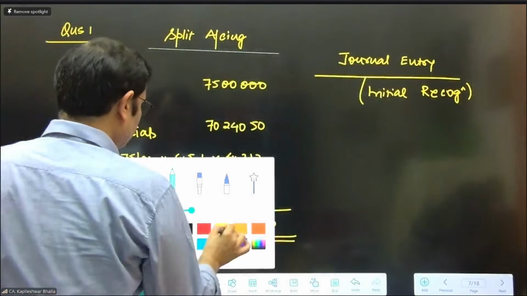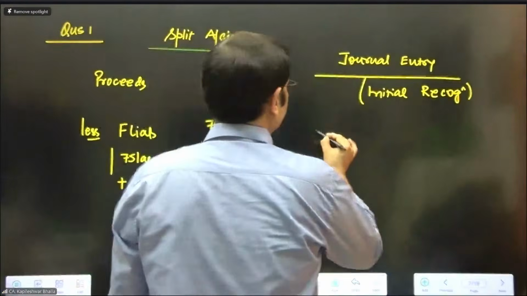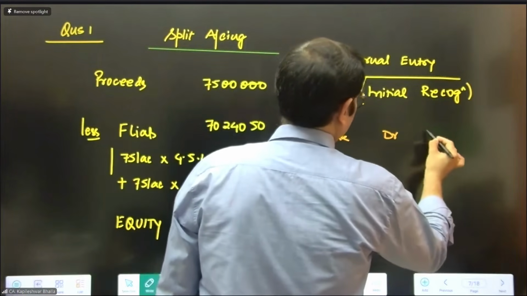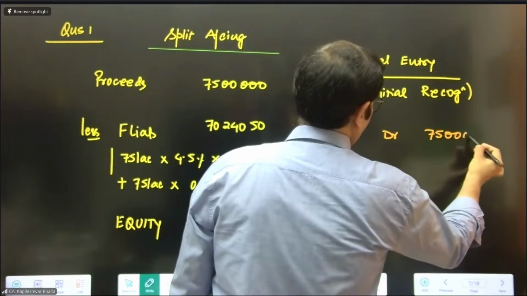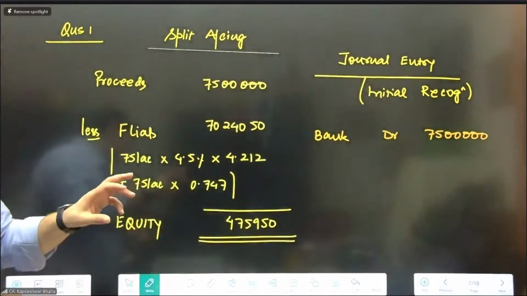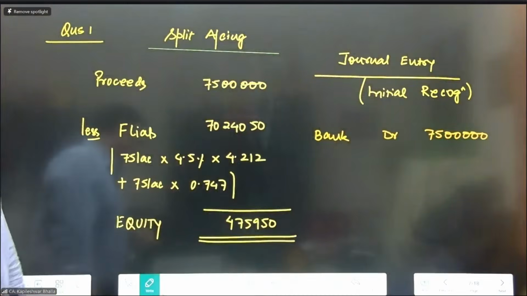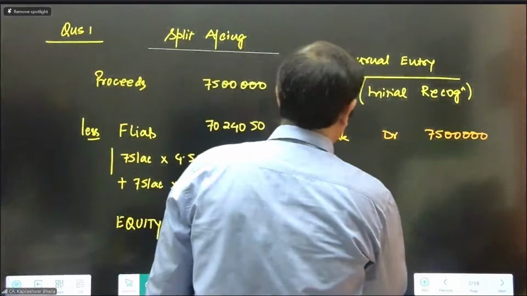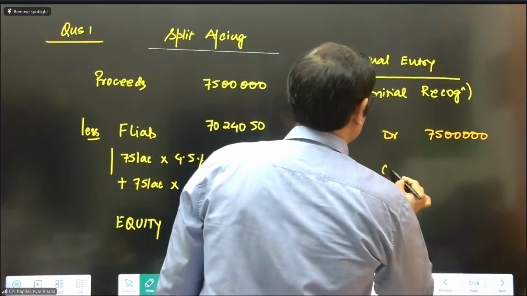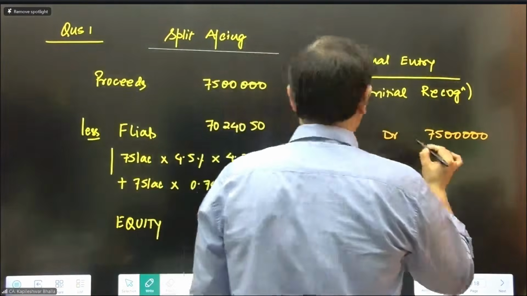So bank gets a debit, to the extent of 75 lakhs. Then you can consider putting the name as convertible debt, convertible bonds, but I'm directly recording the financial liability and I'm recording the equity. So the split accounting gave you the figures.